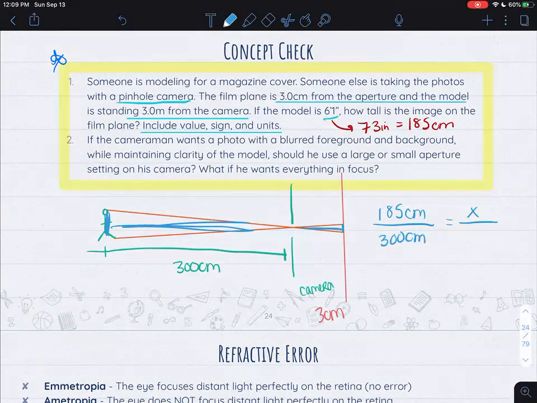So 300 centimeters here. And if you guys are using signs, which you should be, for the distances here, we know that the model is an upright entity. And then the distance is going to be negative because we're measuring away from this point source, I want to say.